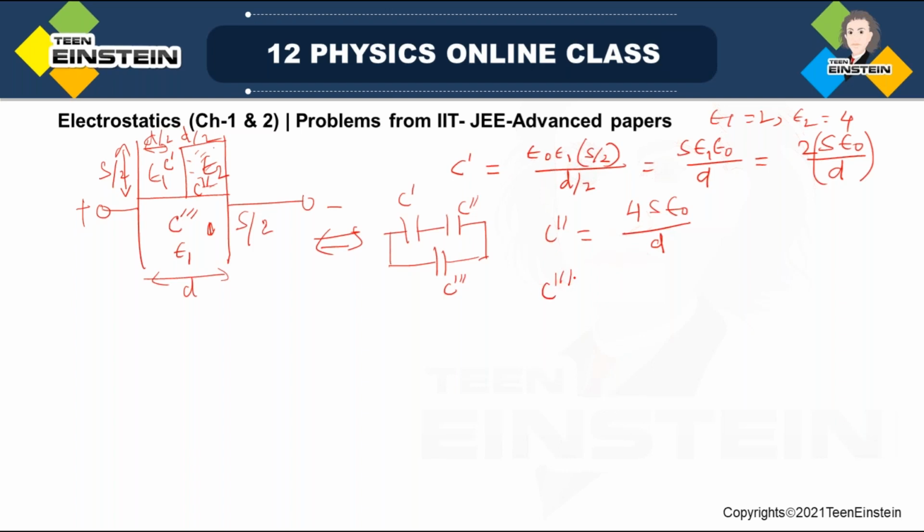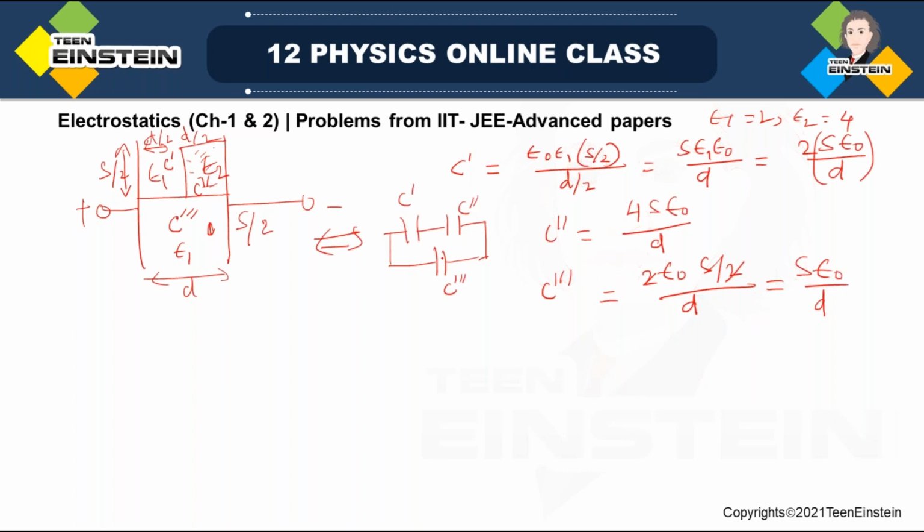So C triple prime, it is 2 epsilon 0, S is S by 2, divided by D. That means this will get cancelled, so it is S epsilon 0 by D.